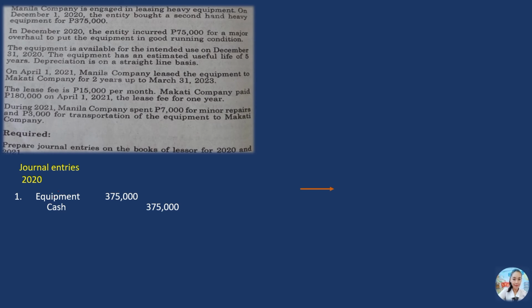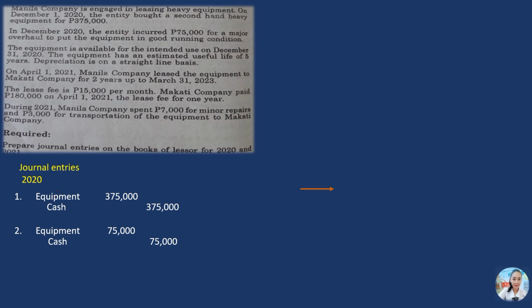So this 75,000 is added to the cost of the equipment because it is a major overhaul to make it run in good condition. So the entry again, debit equipment 75,000, and credit cash 75,000.